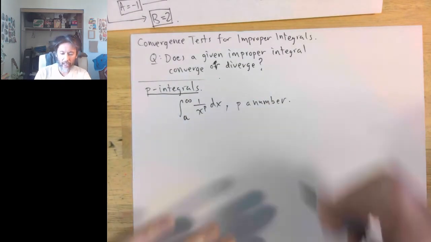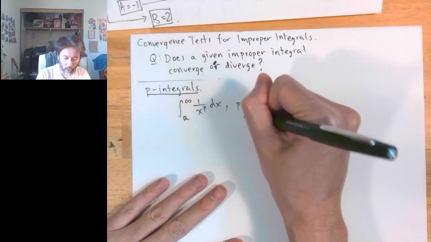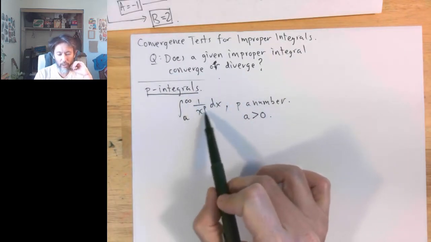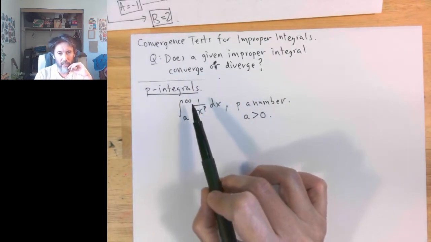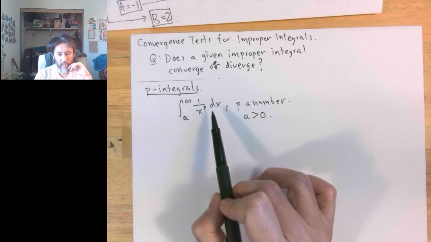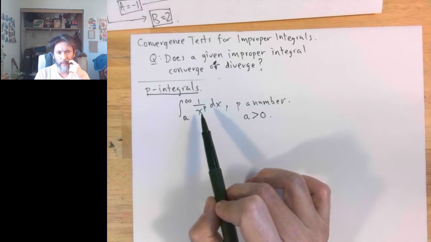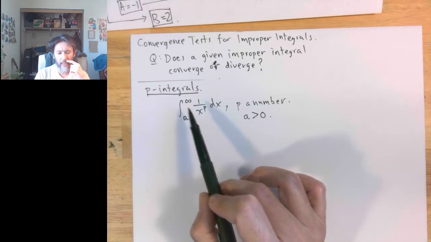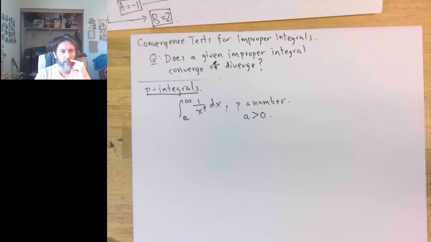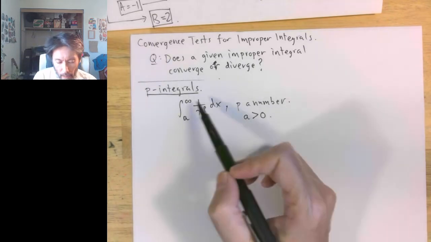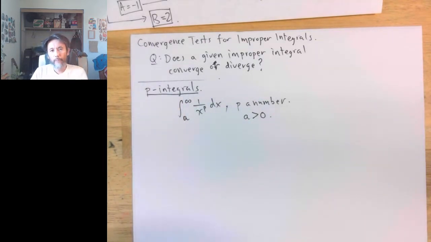And we will require that a is greater than 0, because I don't want a singularity in the interval of integration here. For all the p's that matter, x equal to 0 will be a singularity for this expression.